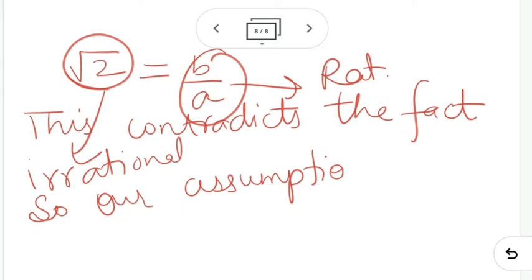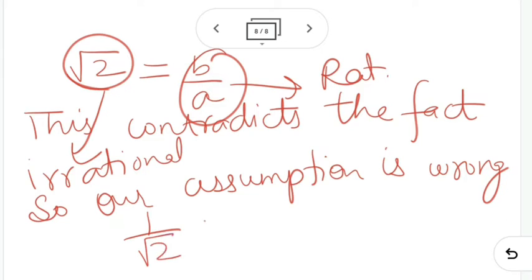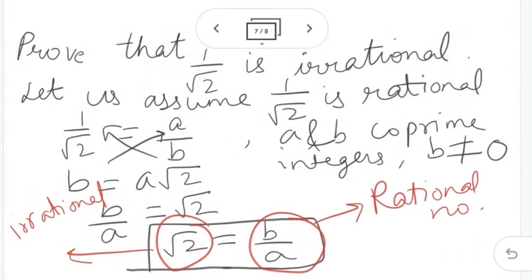What we assumed in the beginning, that 1 by root 2 is rational, is wrong. It means 1 by root 2 is irrational. So with all these proofs what we have done today, in the beginning we assumed that number as rational and wrote it in the form a by b, where a and b are co-prime integers, b shouldn't be 0.